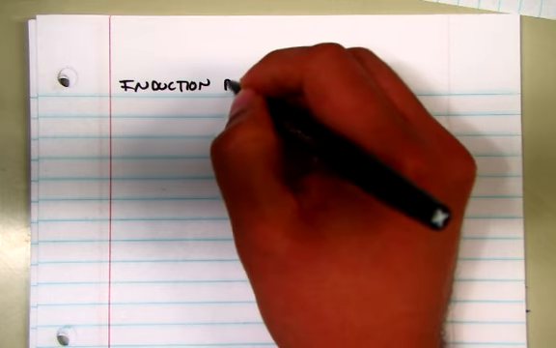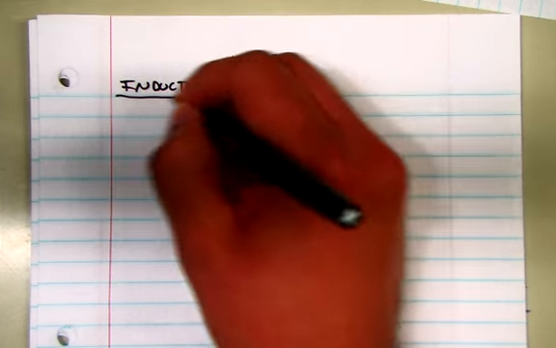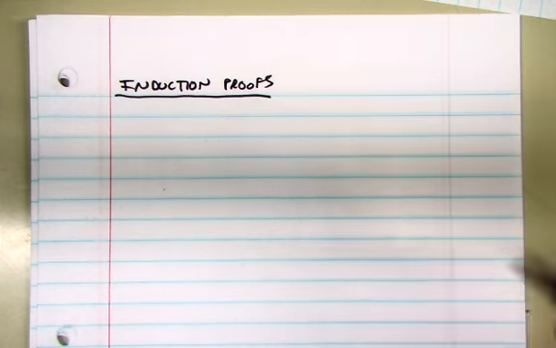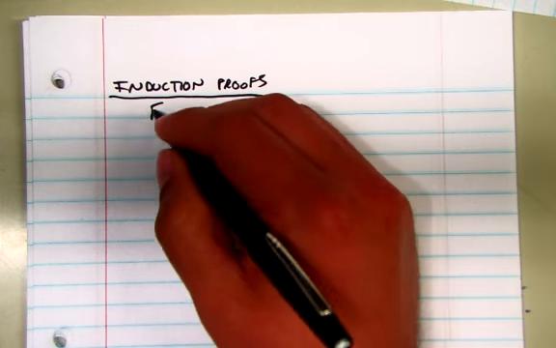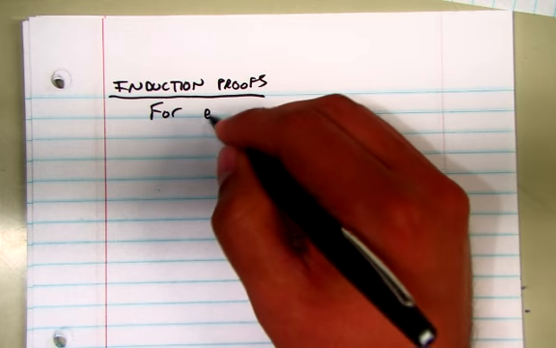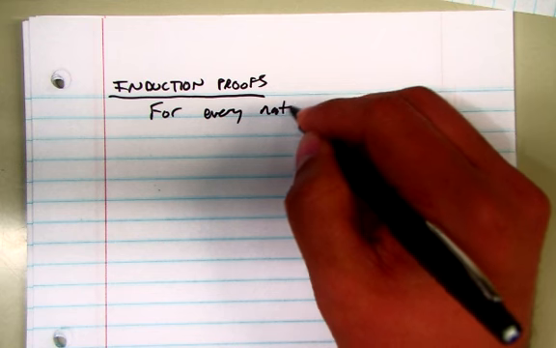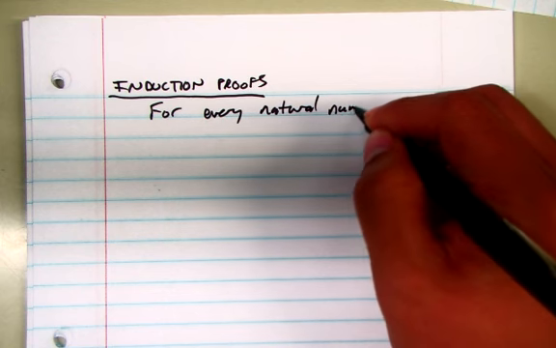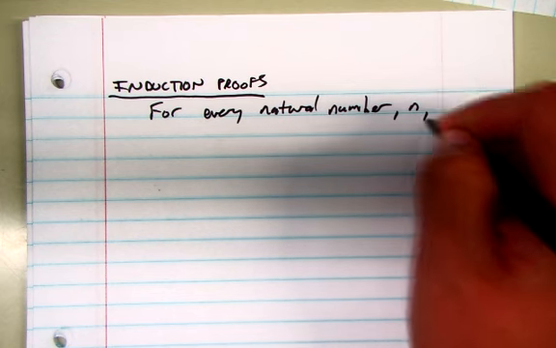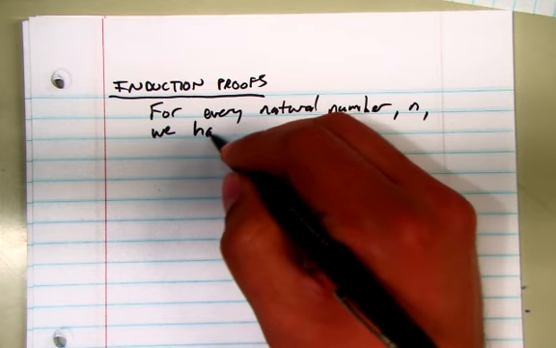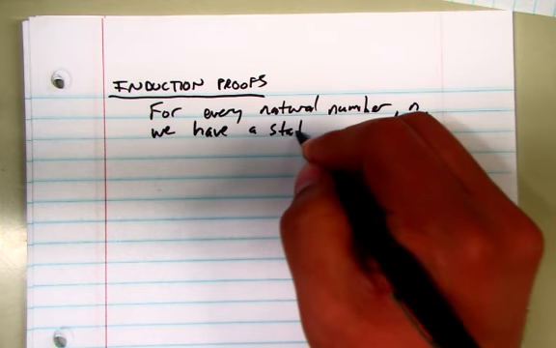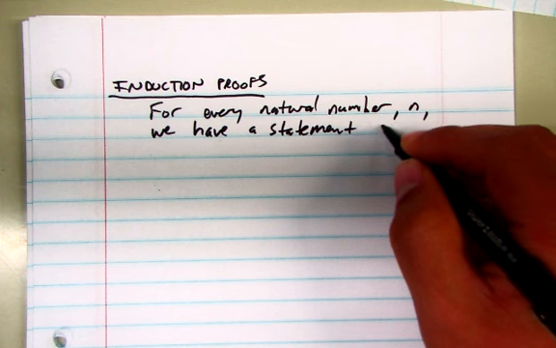So induction proofs look something like this. And then we'll apply this method to proving that last example. For every natural number n, we have a statement that we're going to call P sub n.